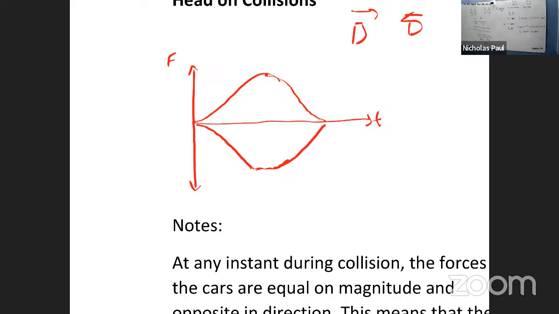Because if you remember, at some point it has no force, then there'll be a maximum, and then it will go back to 0. So the area here and the area here should be exactly the same. So your graph will look something like that.